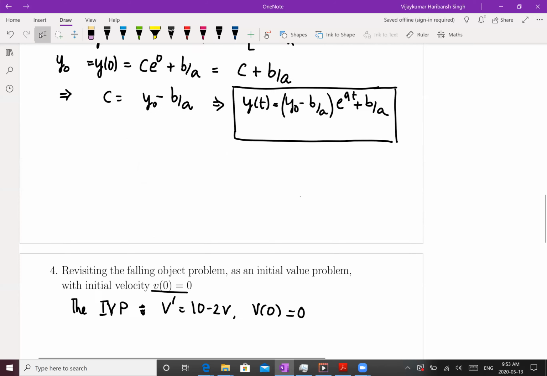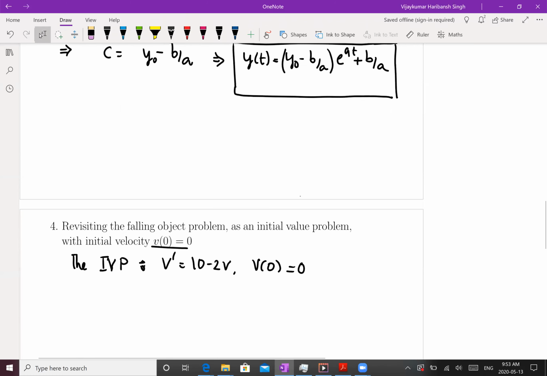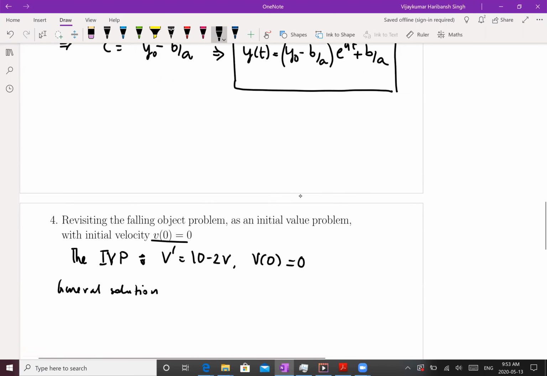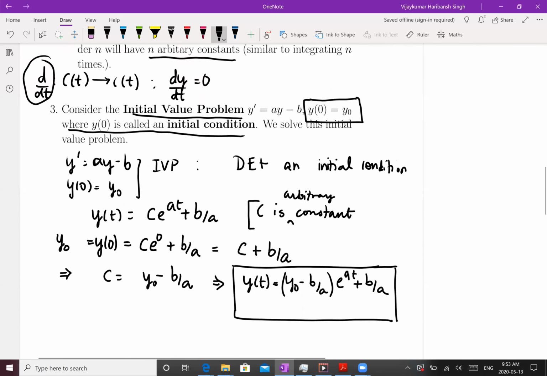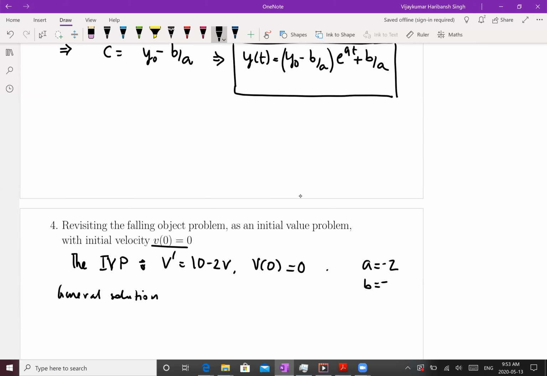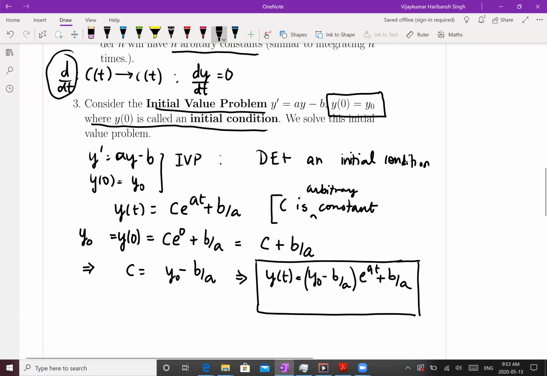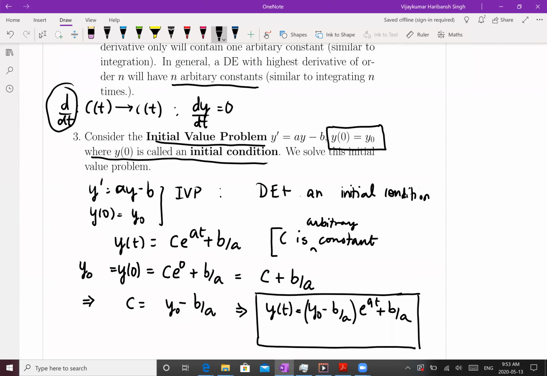Now, if you compare with the general solution, here a is -2, and what is your b? Your b is -10. So a is -2, b is -10.